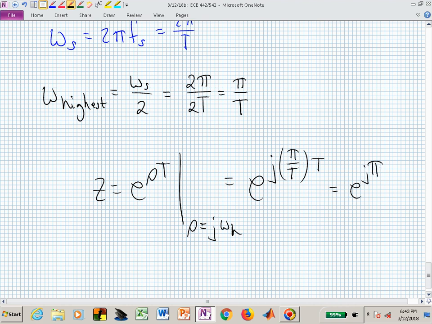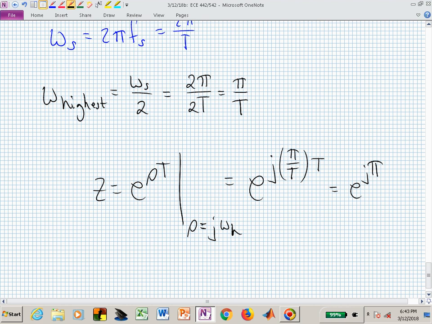What's e to the j pi? Go back to Euler. Cosine pi plus j sine pi. What's sine of pi? We're getting awful close to pi day. We need to know these formulas. Sine of pi, 0. Cosine of pi, -1.